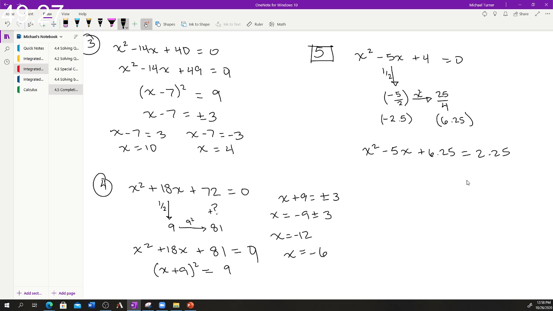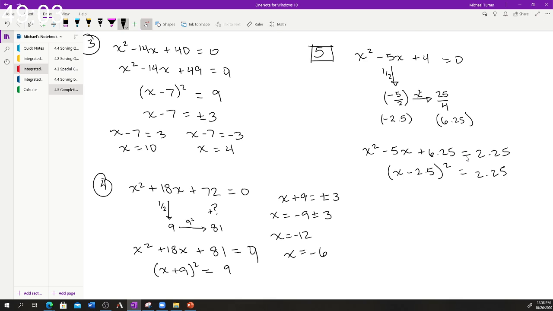Then from there, I can rewrite the left side as a perfect square trinomial, x minus 2.5 quantity squared. And then I have to take the square root now of 2.25, which again is also why sometimes it's easier to do it as a fraction. But if you're using a calculator, that's also fine.